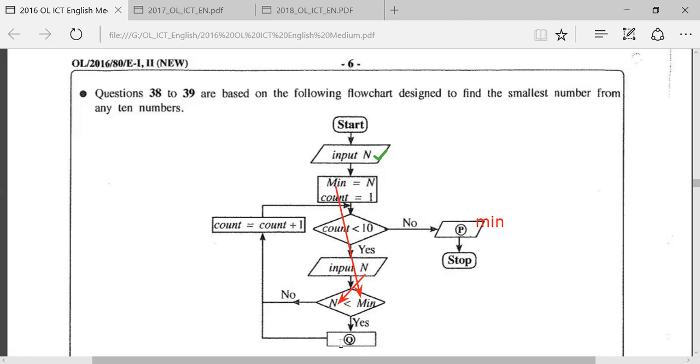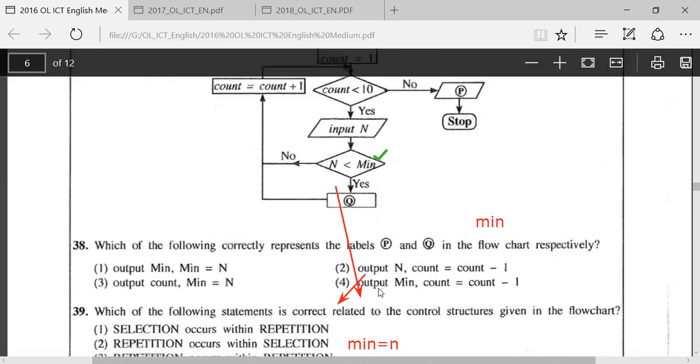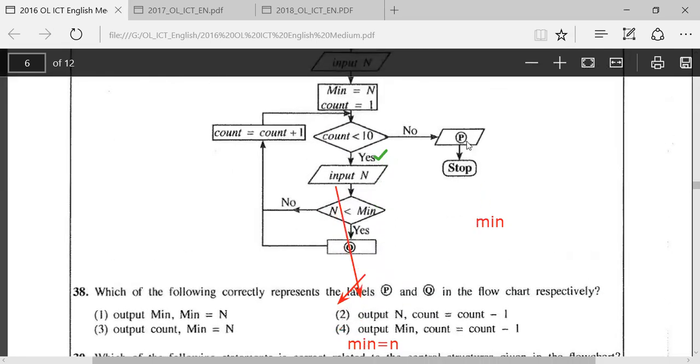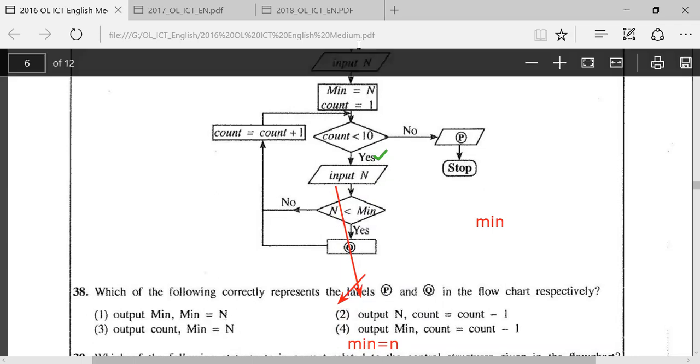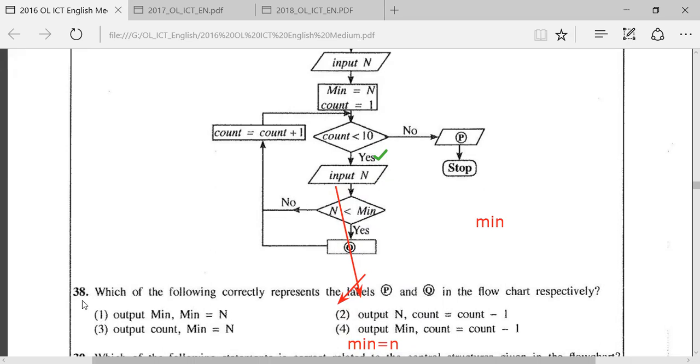So Q part, min equal n, right? At one stage, it will output or display min. So here min equal n. So P output min, Q min equal n. So the correct answer option is first answer option, right? So that's the end of question number 38.